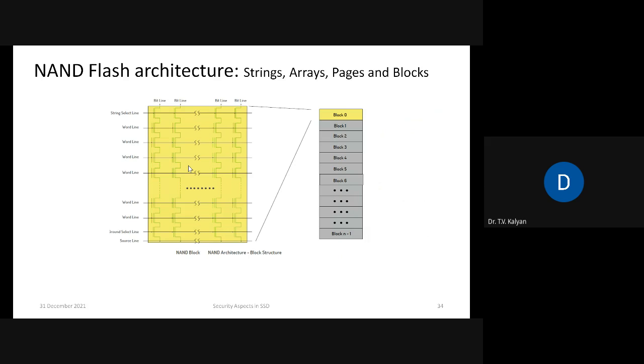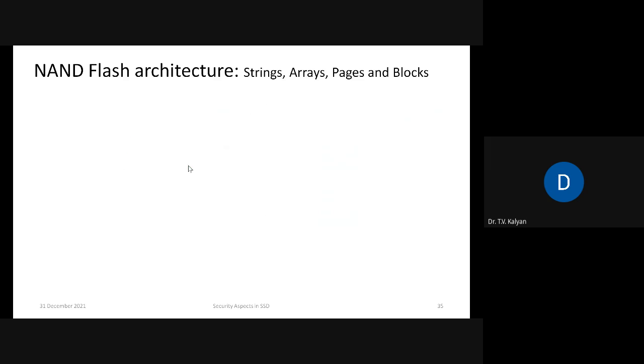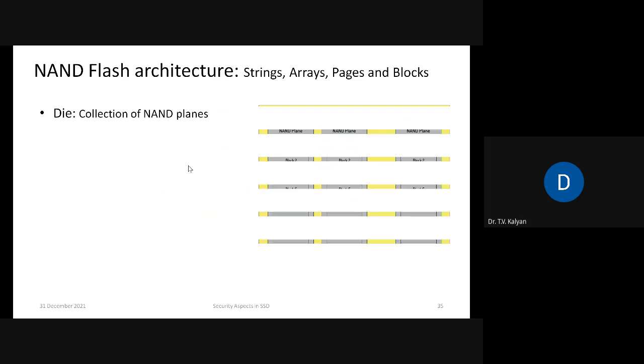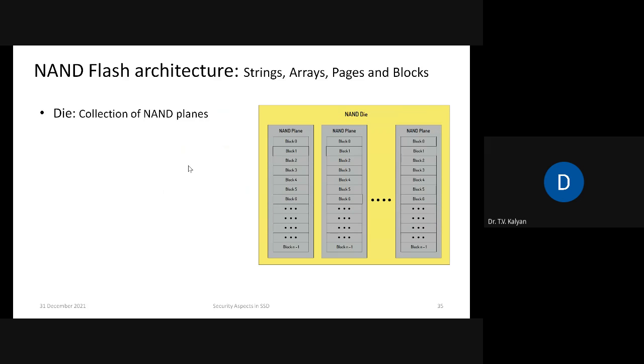When such blocks are stacked one on top of another, that's what we call a plane. When such planes are arranged in a 2D fashion like this, it forms what's called a NAND die. And a NAND chip is a collection of such NAND dies.